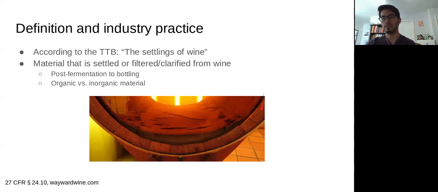If you've ever had the opportunity to look into a barrel that has a clear head, you'd probably see something like this, where the lees form a compact layer at the bottom, and this is where some sort of mass transfer takes place between the surface of the lees and the wine above it.